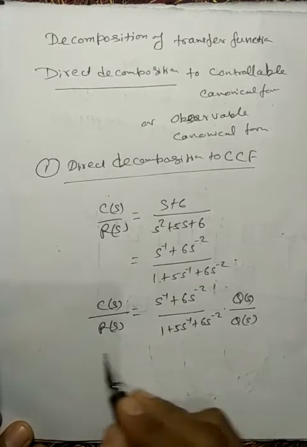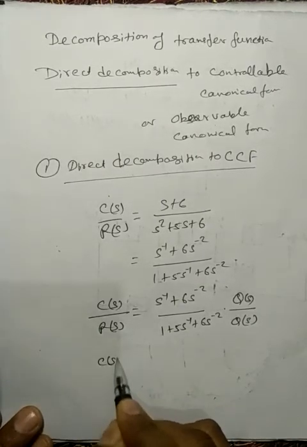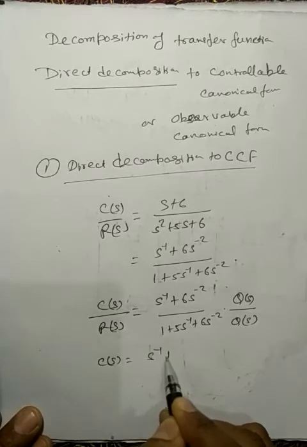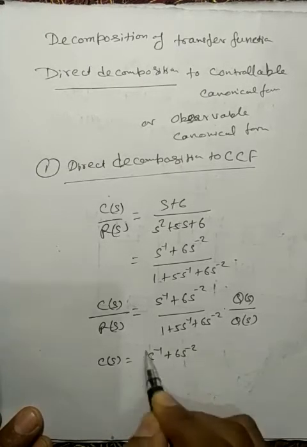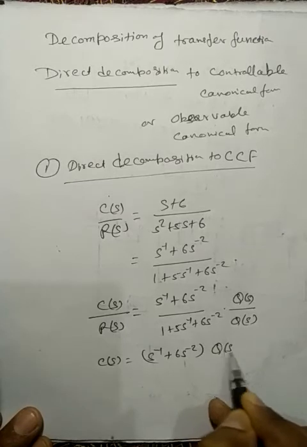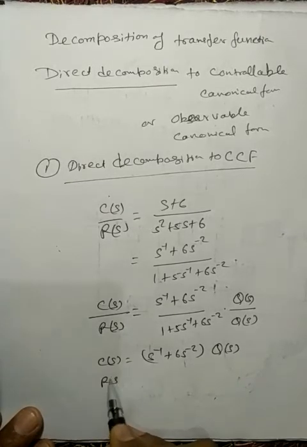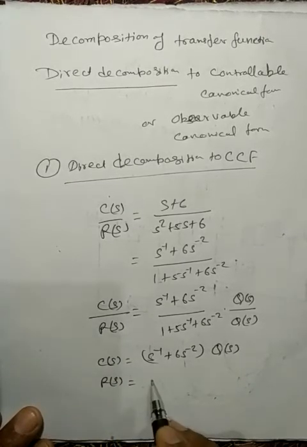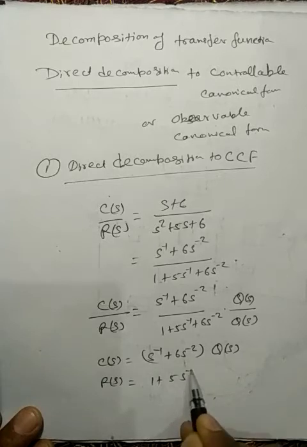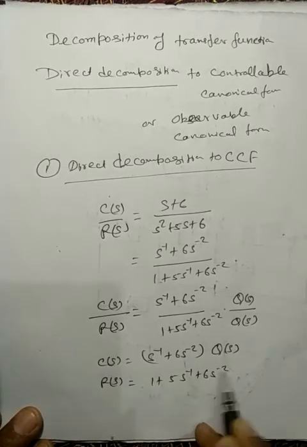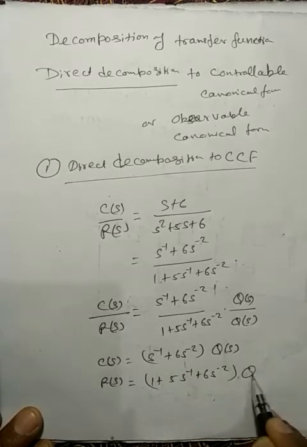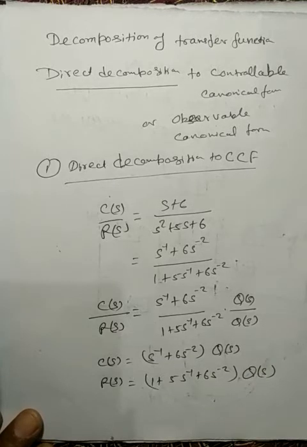And in this case, I can write C(s) as S inverse plus 6S minus 2 multiplied by Q(s), and R(s) I can write as 1 plus 5S inverse plus 6S minus 2 times Q(s). Right? So I have two equations, one is here and second is here.